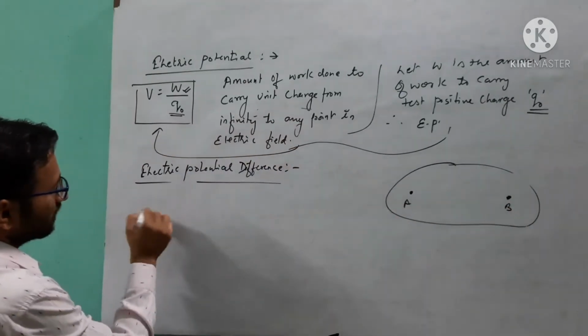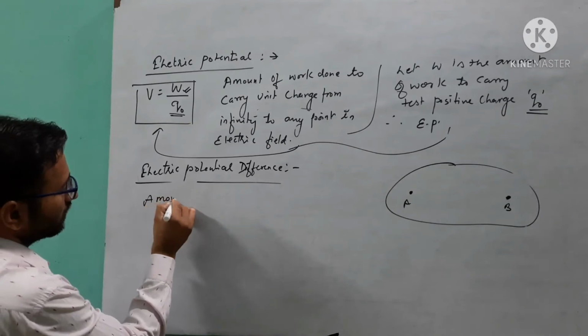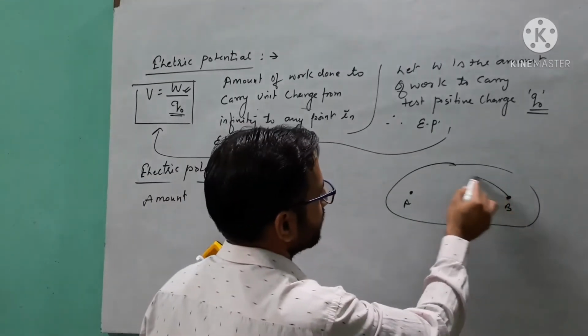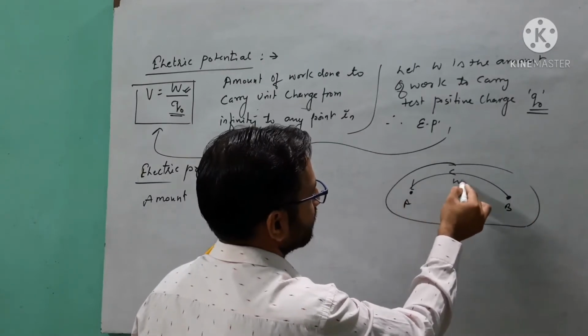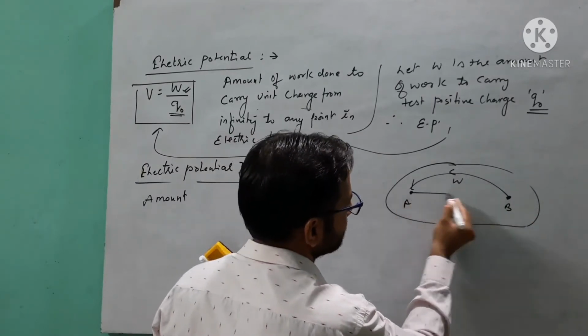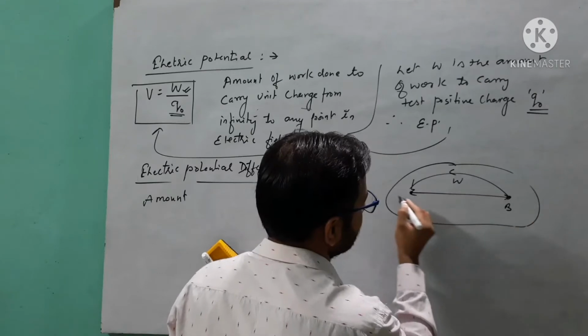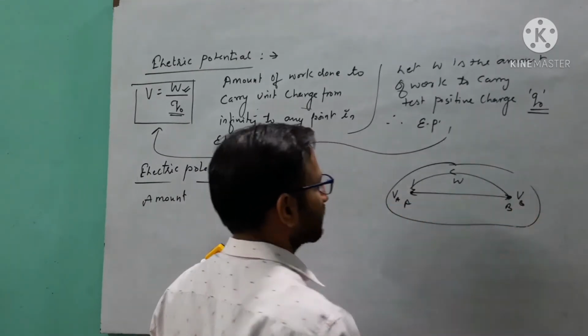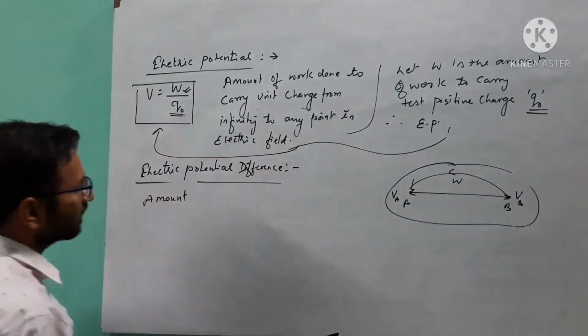We can say amount of work done, same definition. Here we are carrying the charge from point B to point A. The electric potential at A is VA, the electric potential at B is VB, and their difference is the electric potential difference.